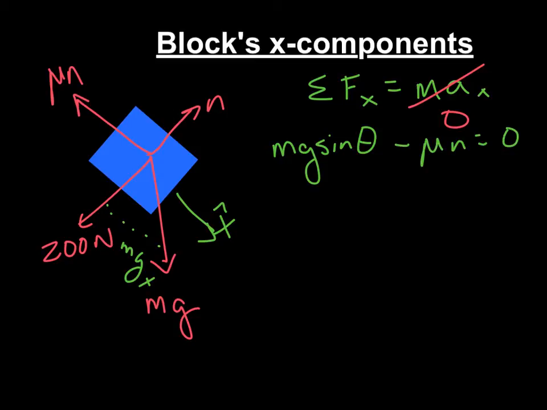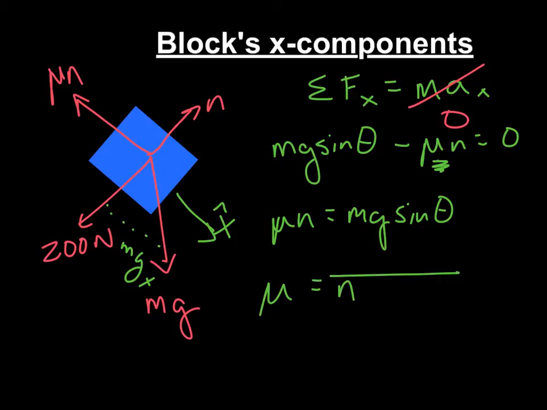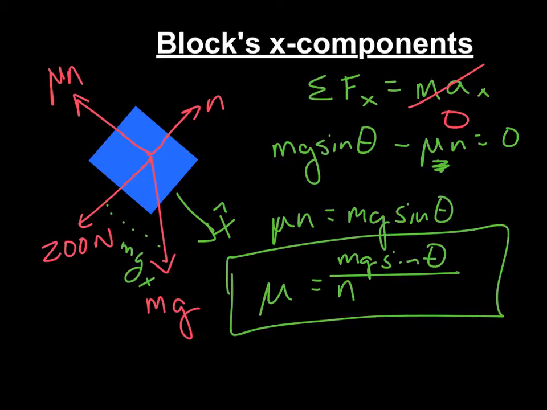Now let's move this around. This is what we're trying to solve for. So we get mu N equals mg sine theta, or mu equals mg sine theta over N. So now all we have to do is combine these two equations, and we'll get our answer.